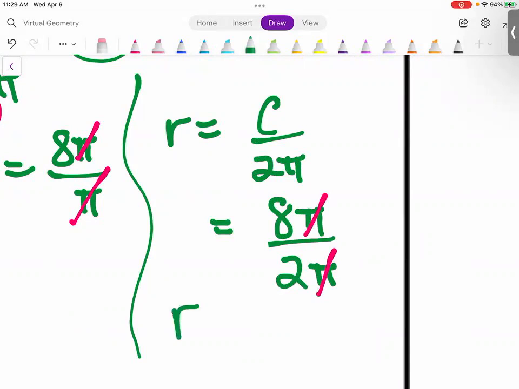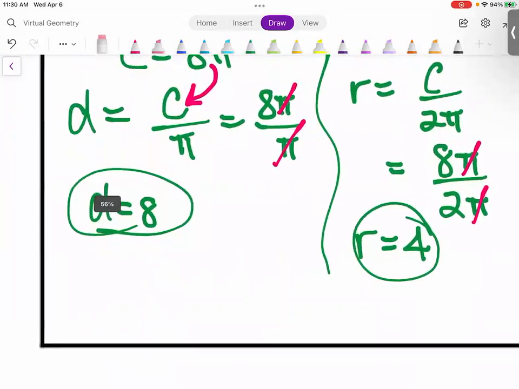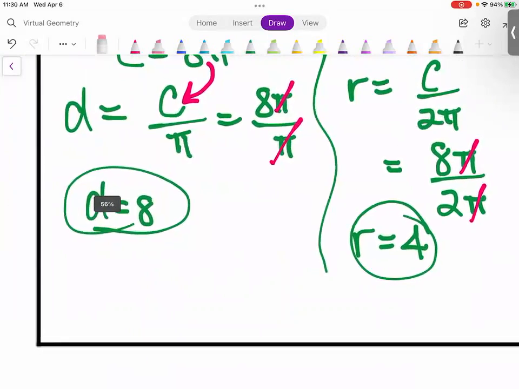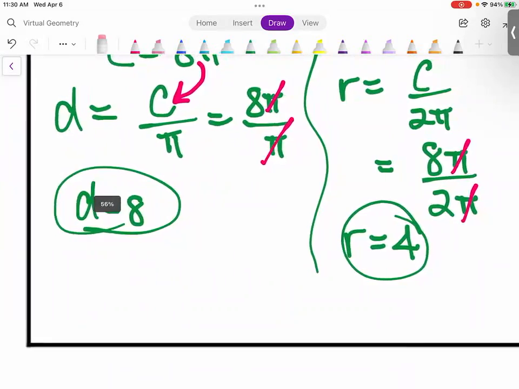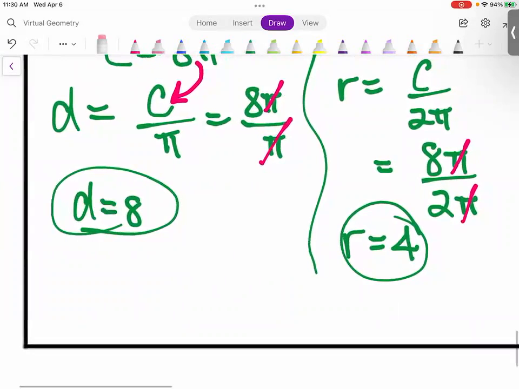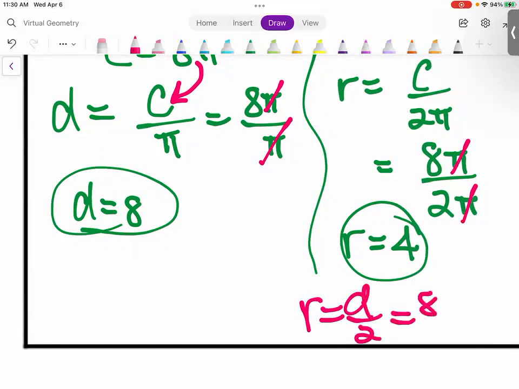And 8 divided by 2 means my radius is a 4. Now, could you have taken your exact value of diameter 8 and divided that 8 by 2 to get 4? Absolutely. You would get the same answer.